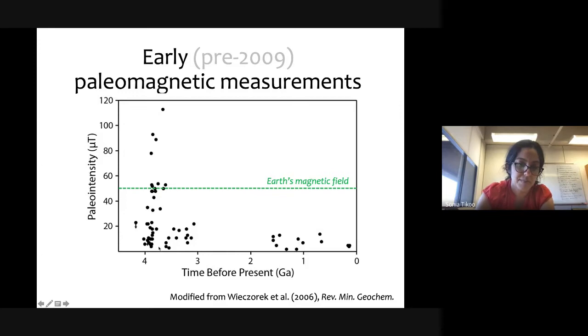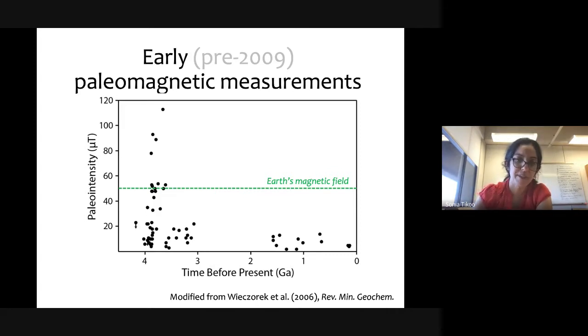And what I'm showing on this plot here, on the x-axis is the time before present, and the y-axis is the paleo intensity value obtained for each Apollo sample, and each different sample is given by a different black dot on this plot. And these paleo intensity values assume that all of these rocks are basically the equivalent of igneous rocks in that they formed at high temperature and cooled through their Curie temperature in the presence of a magnetic field and recorded a thermoremnant magnetization.